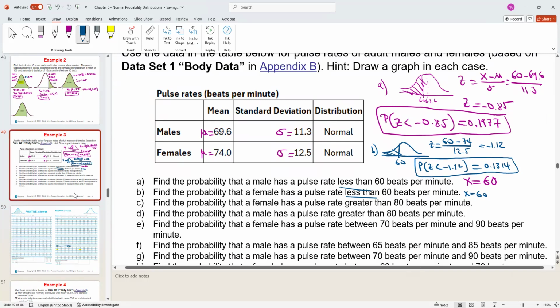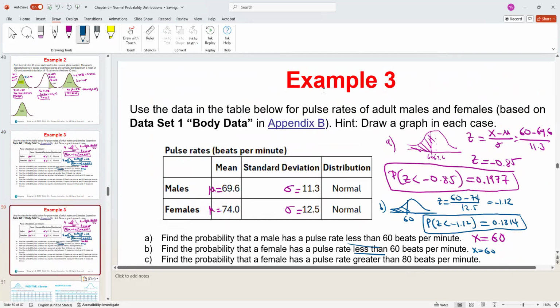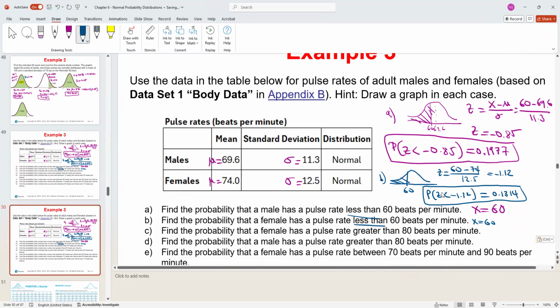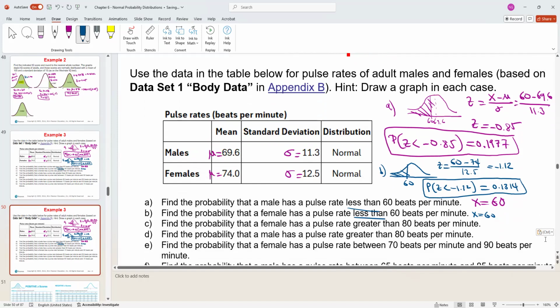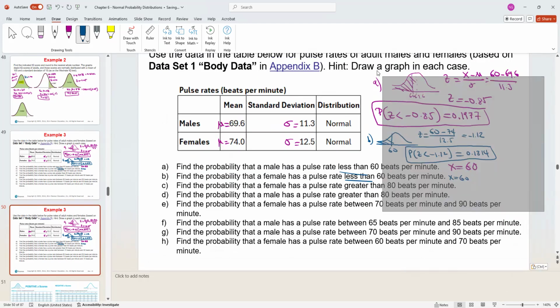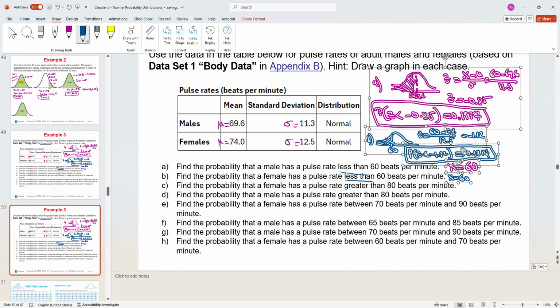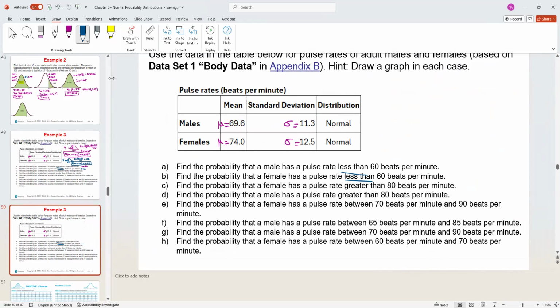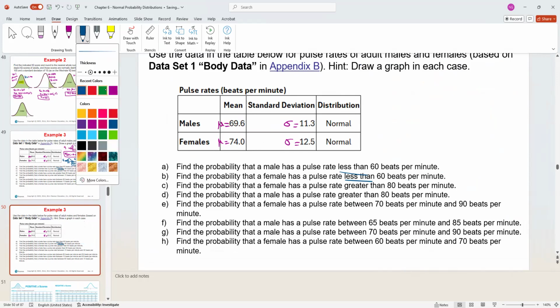I can keep the same one and probably go down because we don't have enough space to do everything. I'm gonna do only one.